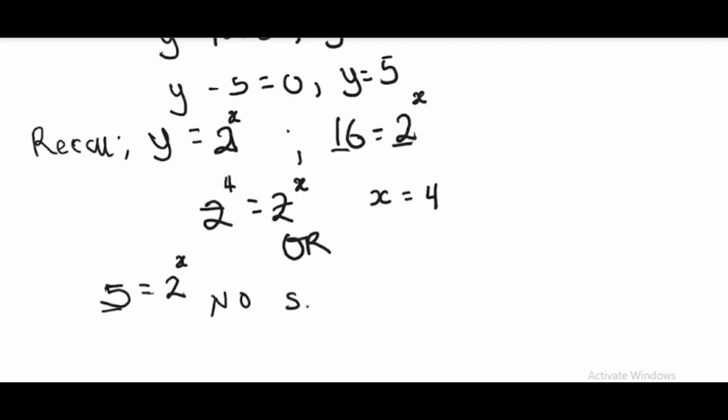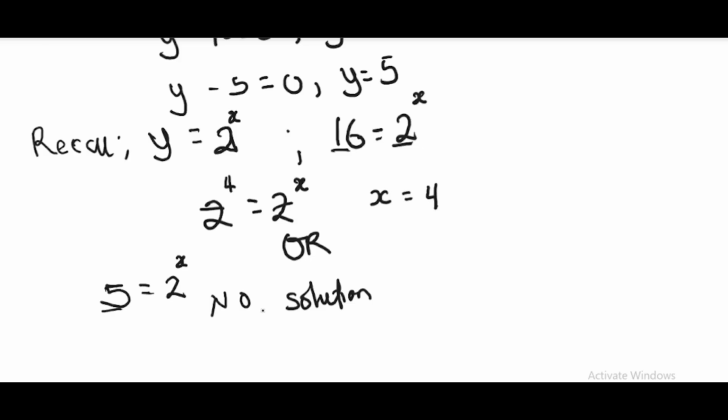So if you are solving a question like this, and at the end of the day you discover that you cannot express what you have to be in the multiple of the base of the unknown, what will be your answer? You won't have an answer. So it means you can't solve it. All right. There's no way you break 5 to be a multiple of 2 so that it can cancel out and then you find x.